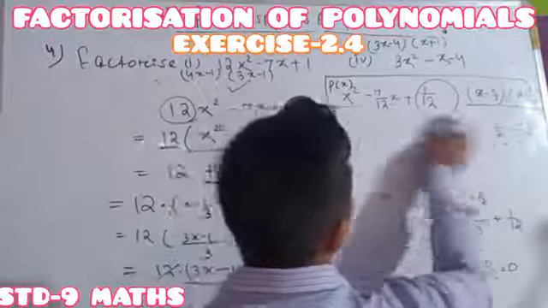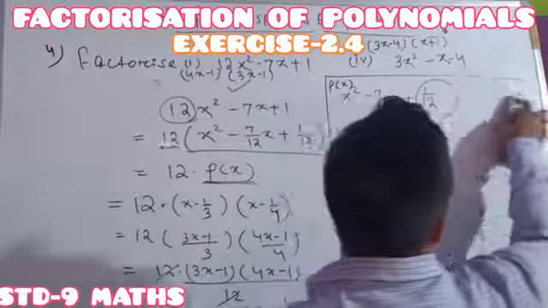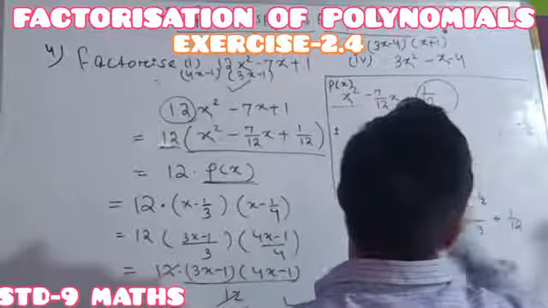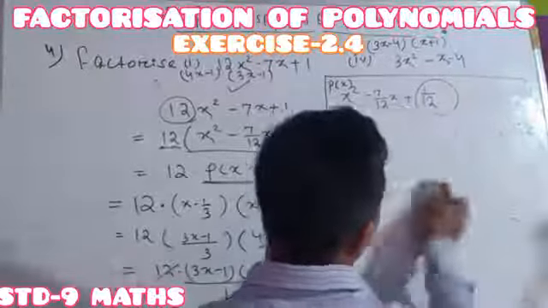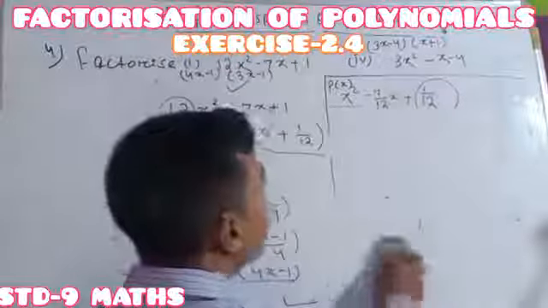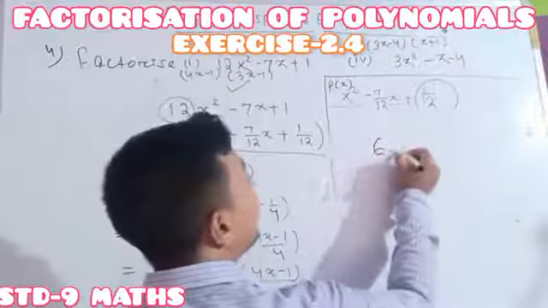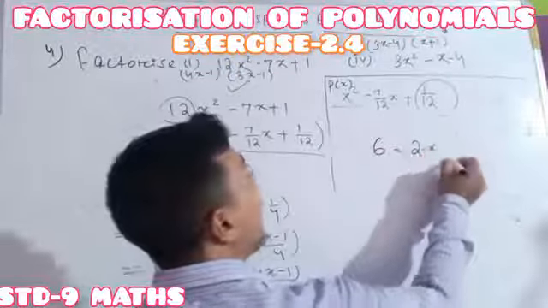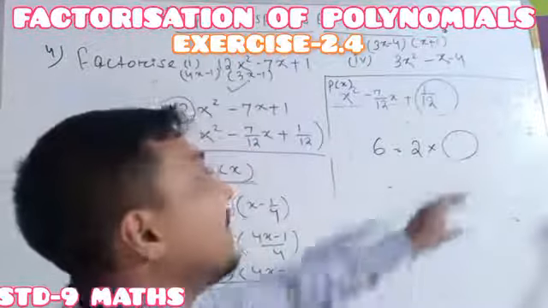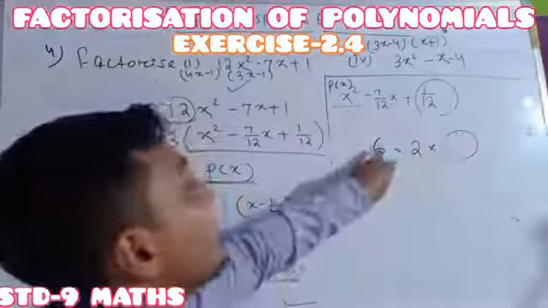See. Suppose 6 is a number, and one factor you got is 2. How to find the other factor? You can find the other factor by dividing 6 by 2.